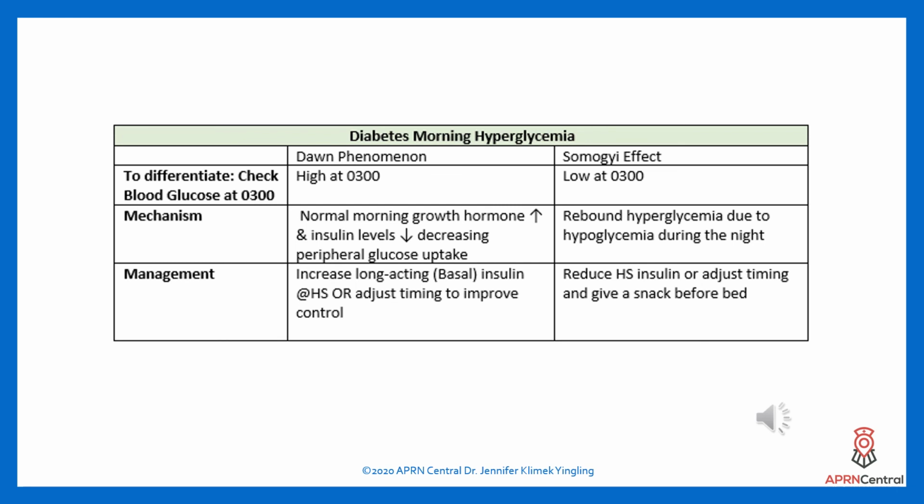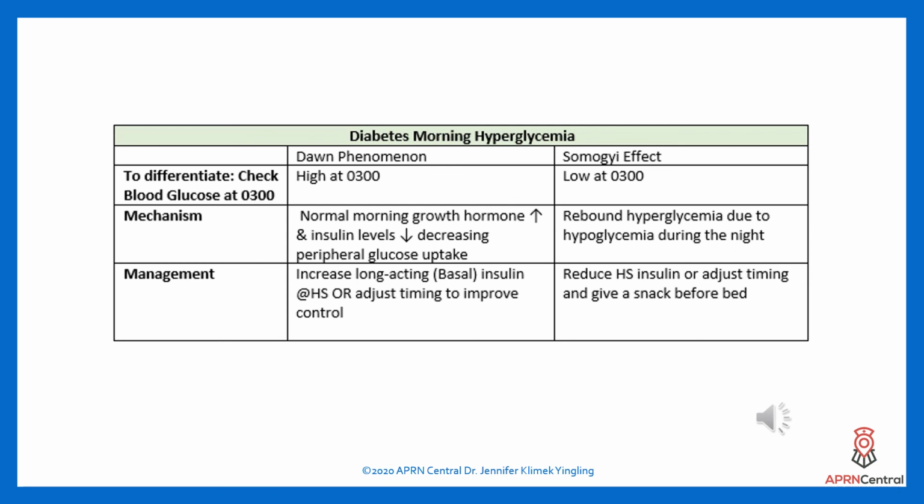What's going on? The normal morning growth hormone is increasing, their insulin levels are decreasing, and so it's decreasing the peripheral glucose uptake. So what do you do for this patient? You're going to increase that long-acting basal insulin at nighttime or adjust the timing to improve the control.